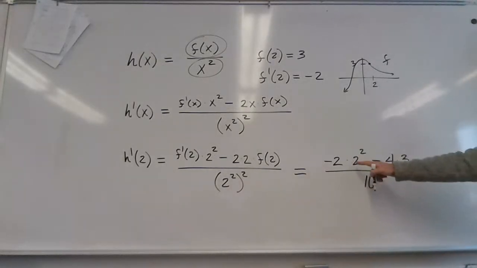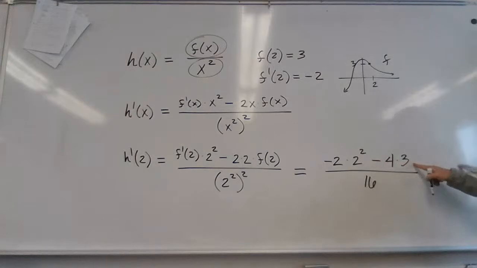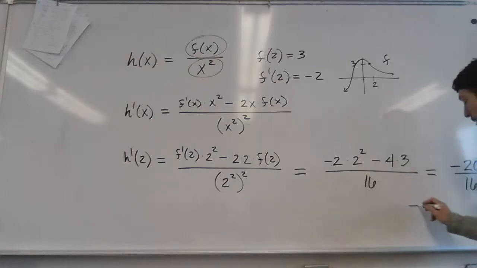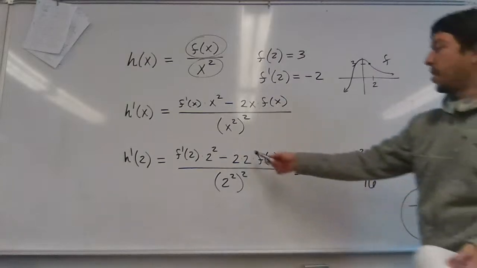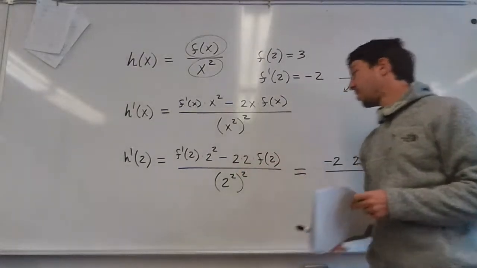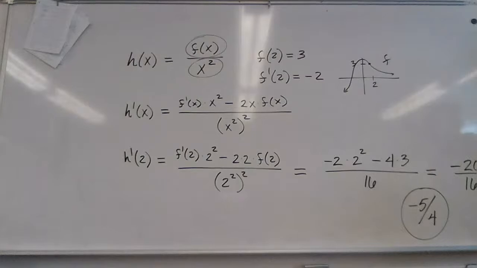So you got -8 minus 12, -20. So divide both by 4, turns out it's -5. You could have just canceled 4. However you want to do it.